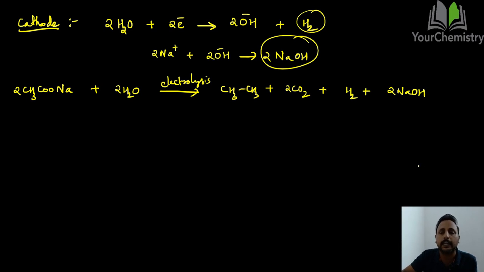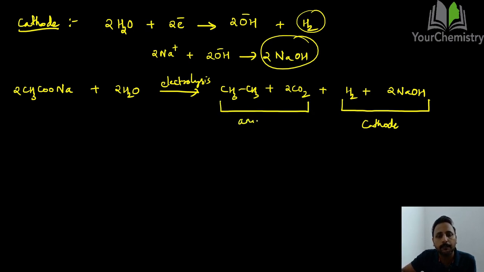This is the net reaction happening in Kolbe electrolysis. So H2 and NaOH are formed at the cathode. Questions will come like that also. C2H6 and CO2 are formed at the anode. Is this much clear? Now let's take the given question.